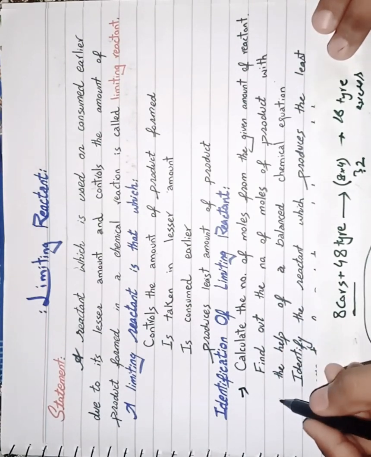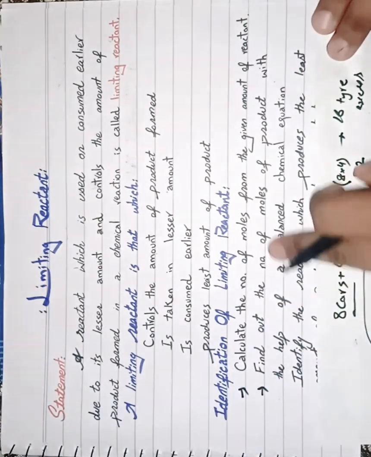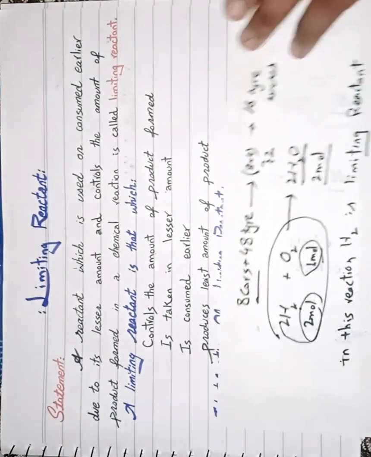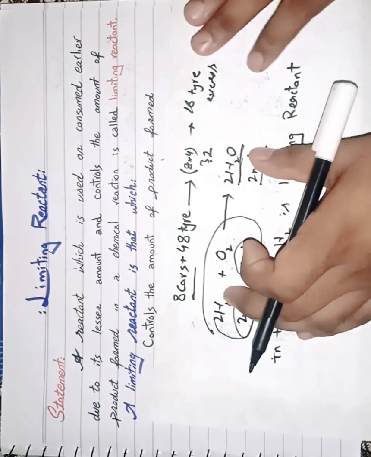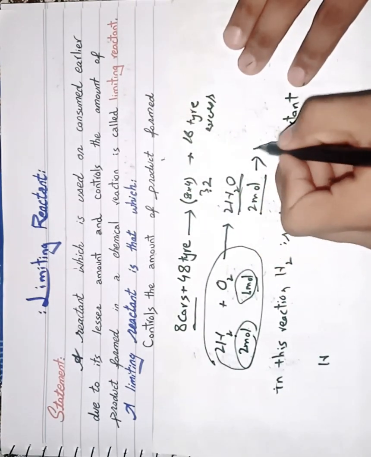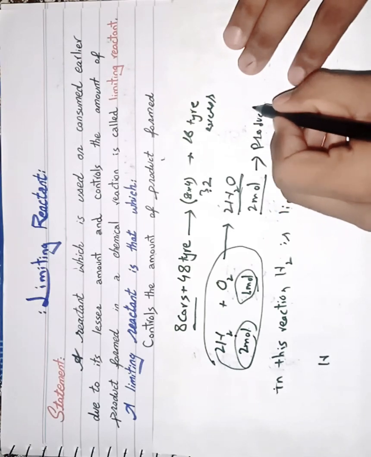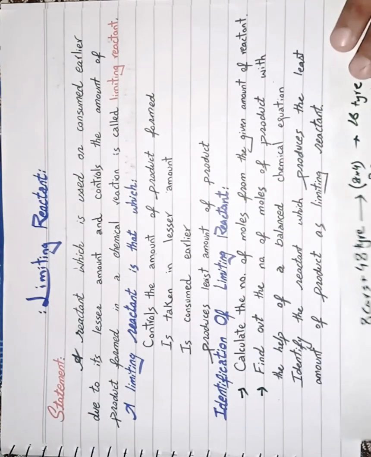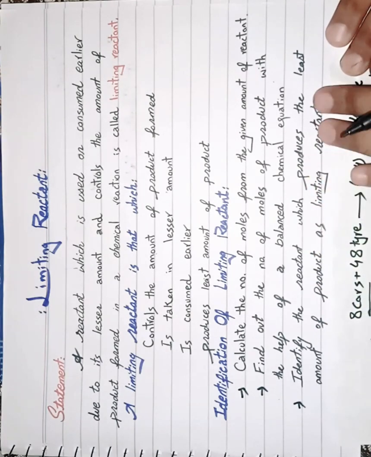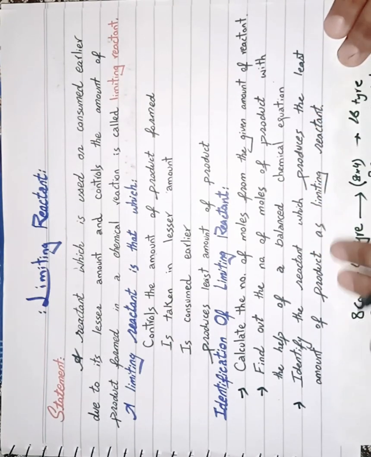Then the second step, find out the number of moles of product with the help of the balanced chemical equation. As we balance this reaction, we take 2 mole of product. And the last one is identify the reactant which produces the least amount of product as the limiting reactant.